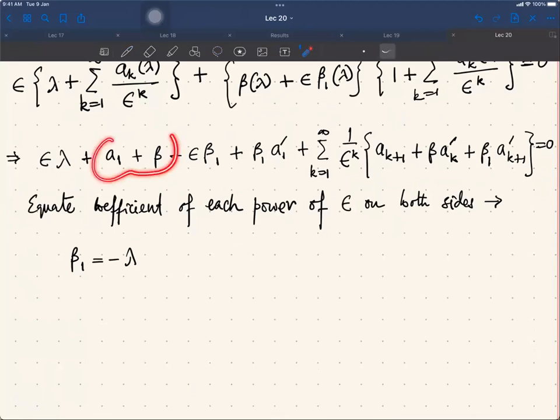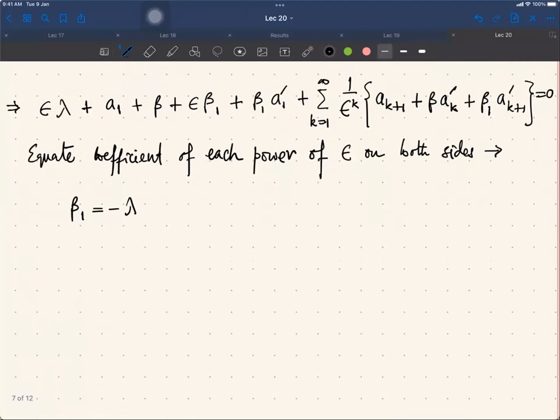these 3 terms. And so this is order epsilon, and then beta equals minus a1 minus beta 1 a1 prime. Beta 1 is, by the previous equation, minus lambda.